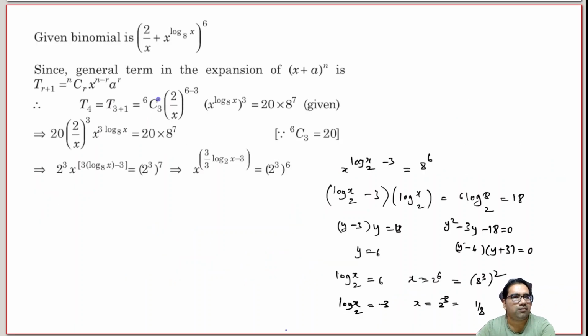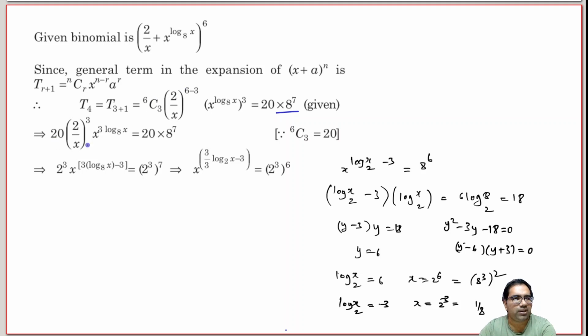So T(3+1) is nothing but 6C3 × a^3 × b^3, which is (2/x)^3 and (x^(log_8 x))^3. This should be equal to 20 × 8^7. 6C3 is anyway 20.